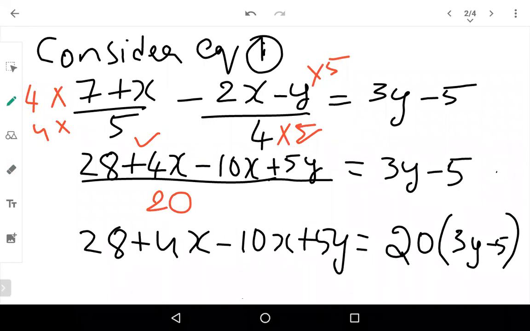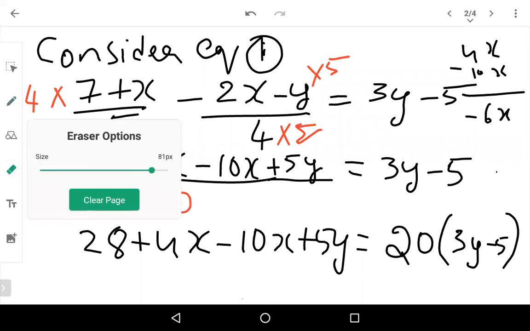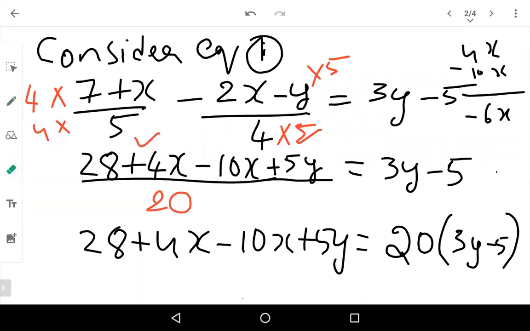Now if you see here, you have 4x and minus 10x. 4x minus 10x, how much do you get? You will get minus 6x.